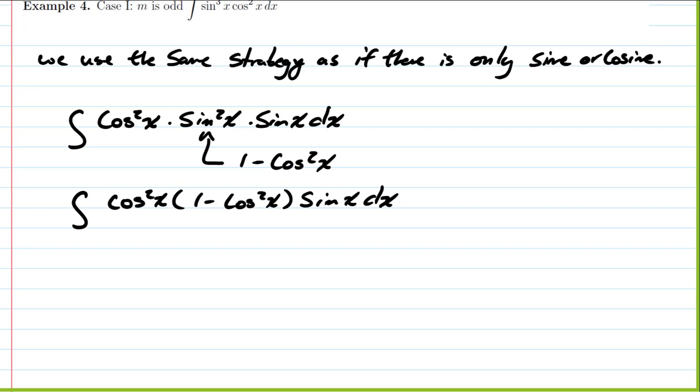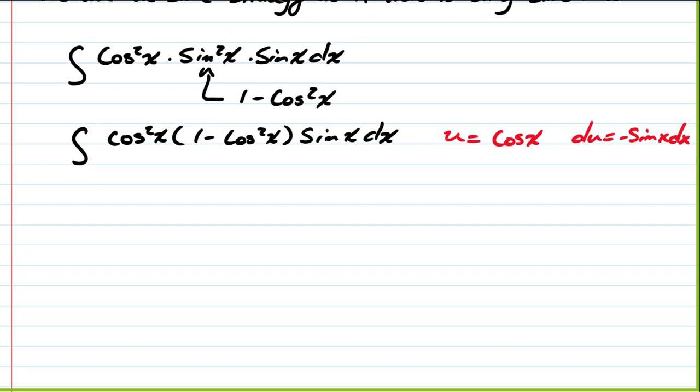And then just like in the previous one, we let u equal cosine. So if u equals cosine x, then du equals negative sine x dx. So solving for dx, we get dx is equal to negative du over sine x.